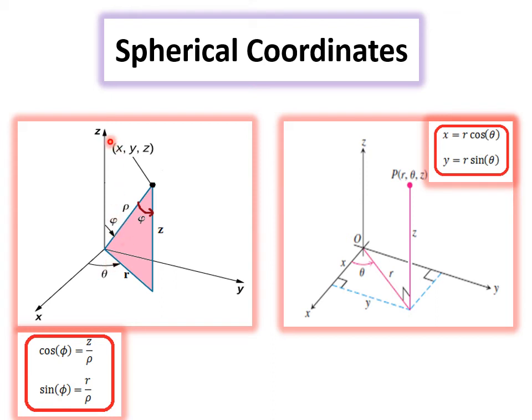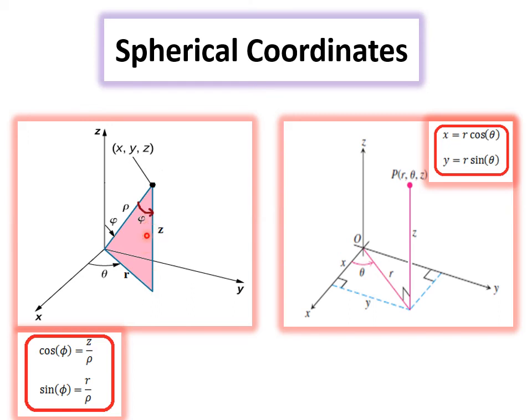The angle made between z axis, origin O and the point P is phi. So the angle made between origin O, the point P and its projection point P dash is also phi units.